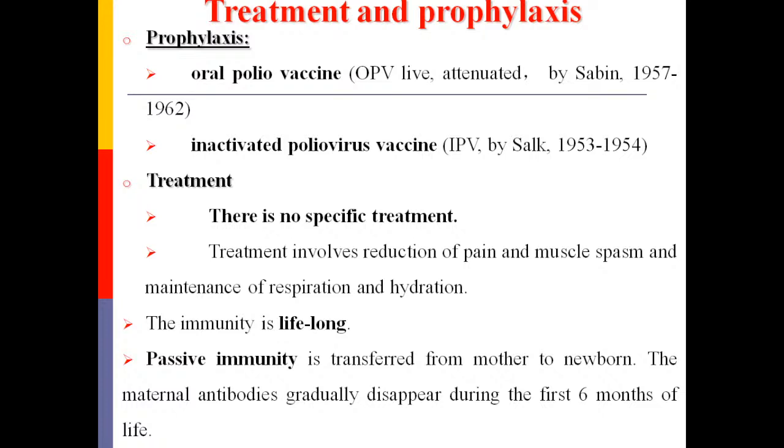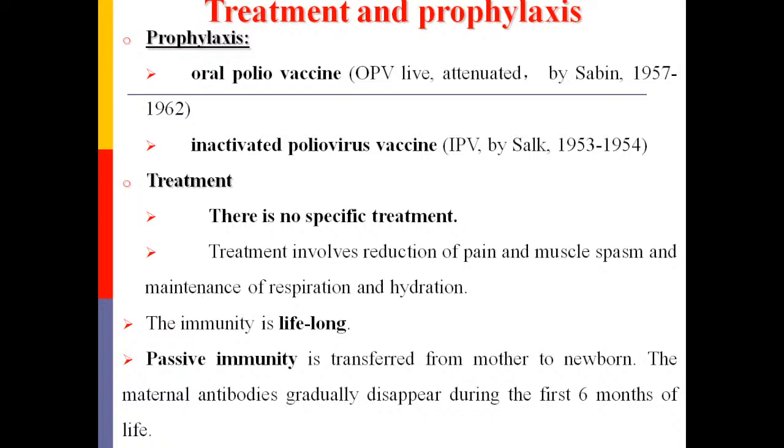And the doctors made experiments with cells to check effectiveness of vaccine. What about treatment? There is no specific treatment. There are no antiviral drugs for treatment of polio. Treatment involves reduction of pain and muscle spasm and maintenance of respiration and hydration.